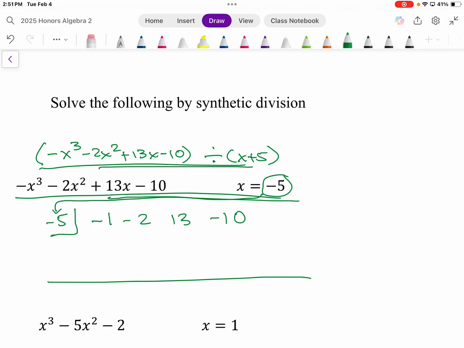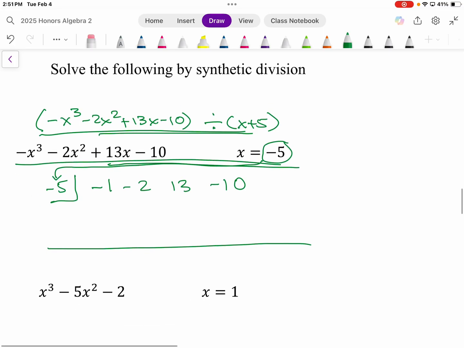It's only when it's in the parenthesis that you do the opposite. You have to keep track of how it started. We bring down the -1. -5 times -1 is +5. -2 plus 5 is 3. -5 times 3 is -15. Add down is -2. -5 times -2 is +10.